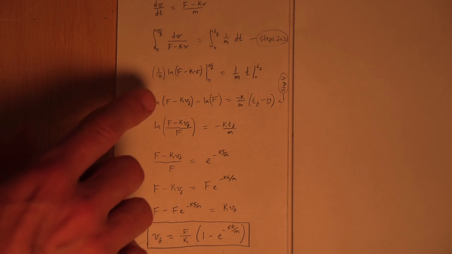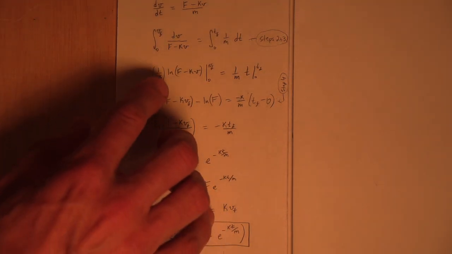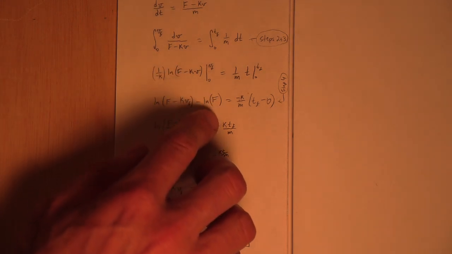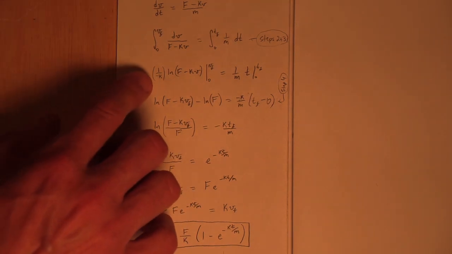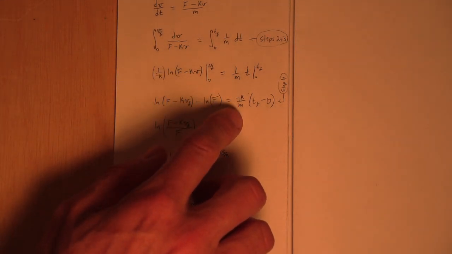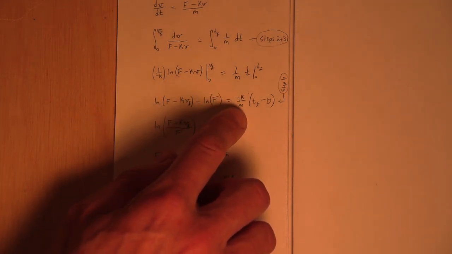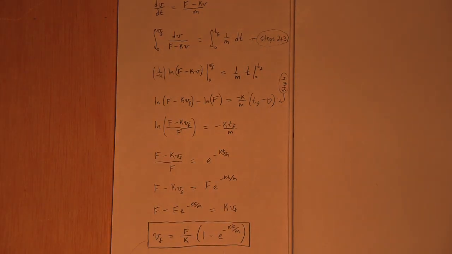No, you're plugging in 0 for the velocity, not for the entire function. So we plug in 0. That gives us log of f minus 0, which is f. And again, actually I didn't mention it, but the minus k I moved over here. So that's why it's not here. It's been moved to the other side. Okay. And then I plug in my limits t final and 0.